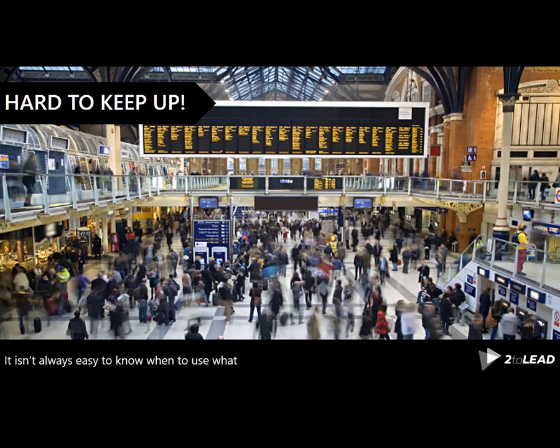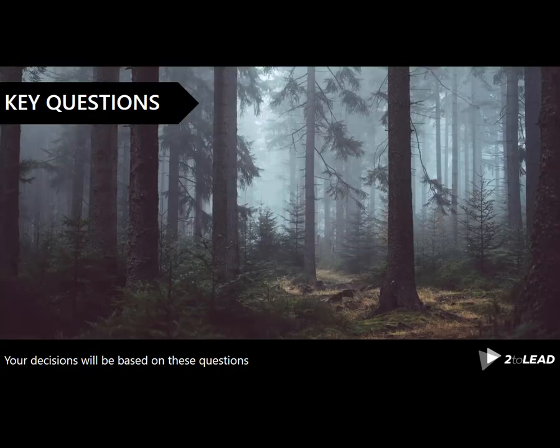So making that decision can be a little bit difficult, and keeping up with the changes can also be difficult. So one thing you do want to keep in mind is, rather than looking at all the different tools that are available, ask yourself as a project manager, what is the kind of information that I need to track, and how do I collaborate with my team members in the best possible way?